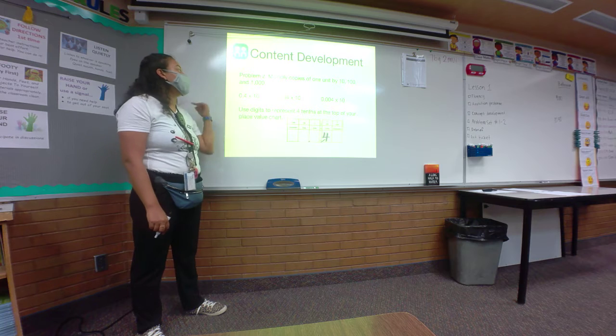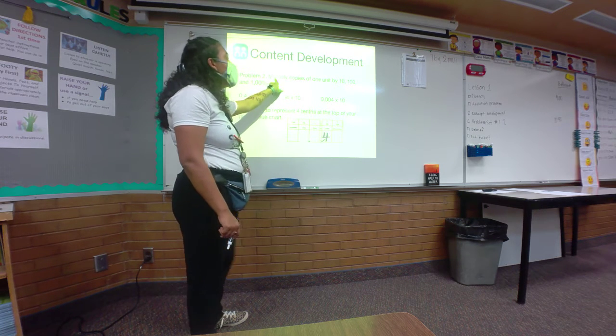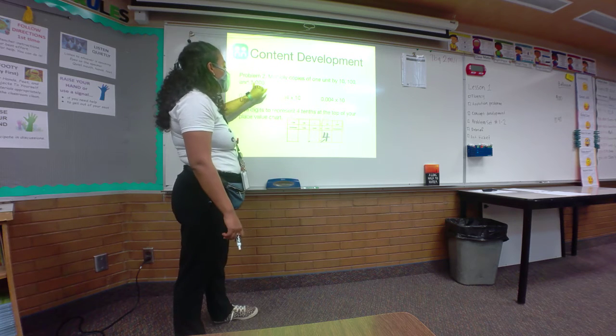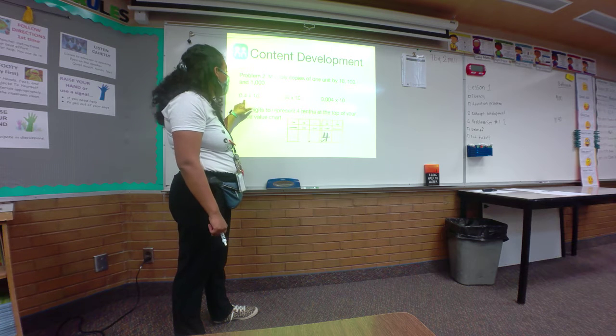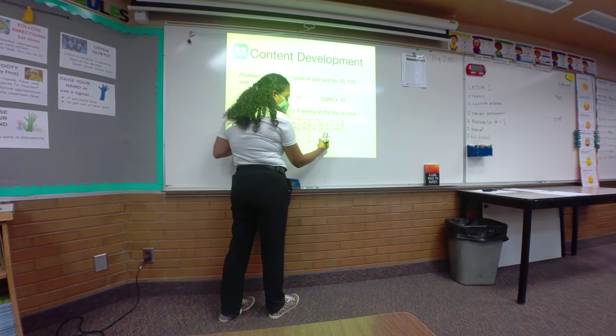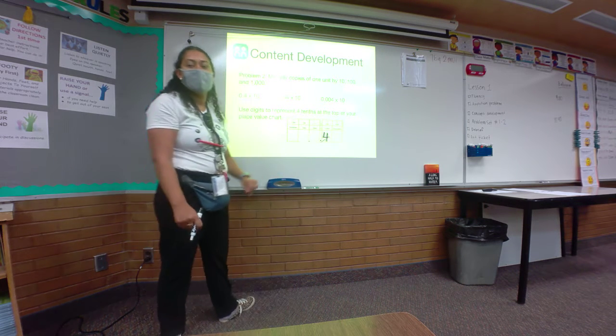Okay, problem 2. Multiply copies of 1 unit by 10, 100, and 1,000. So we're starting with a copy of 4 tenths. In your place value chart, I want you to write down 4 in the tenths place.